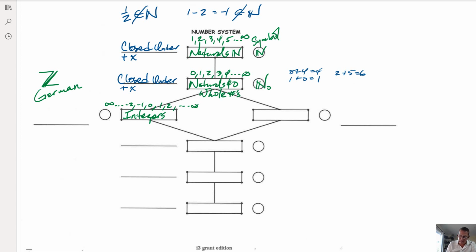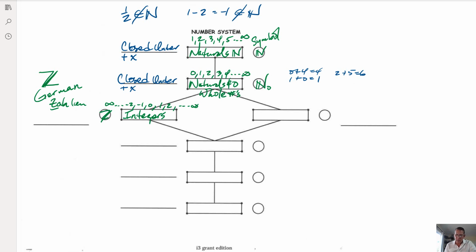So it's the Z with another slash right here, and that is short for Zahlen. And the reason why they use Z is because it comes from the German language. So Z for Zahlen. All right, it stands for Zahlen in German.